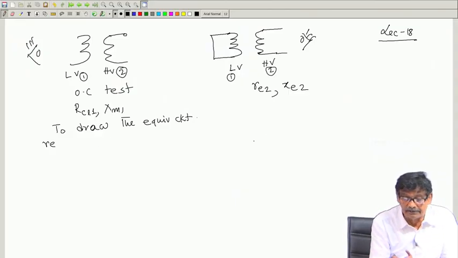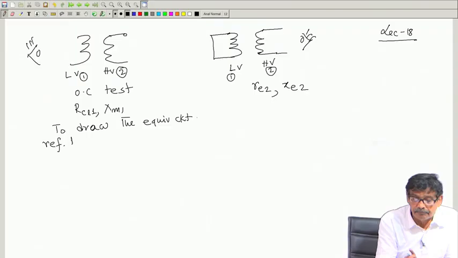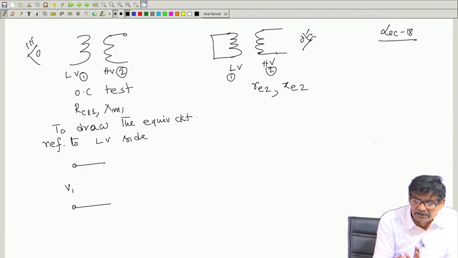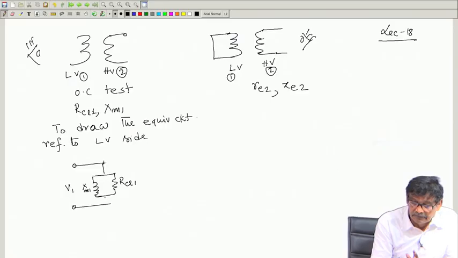To draw the equivalent circuit referred to the LV side, it should be drawn like this now: V1, the rated voltage, you will apply, and I am drawing the approximate equivalent circuit. This is RCL1 and this is XM1, in parallel, and these values are already known.